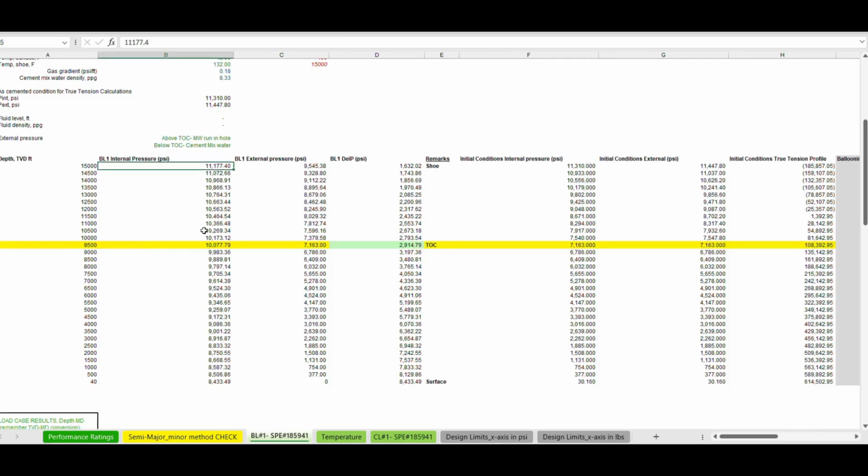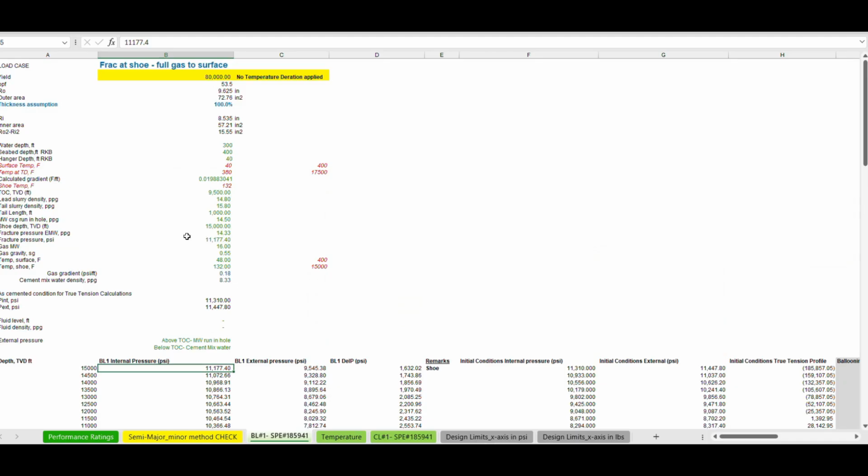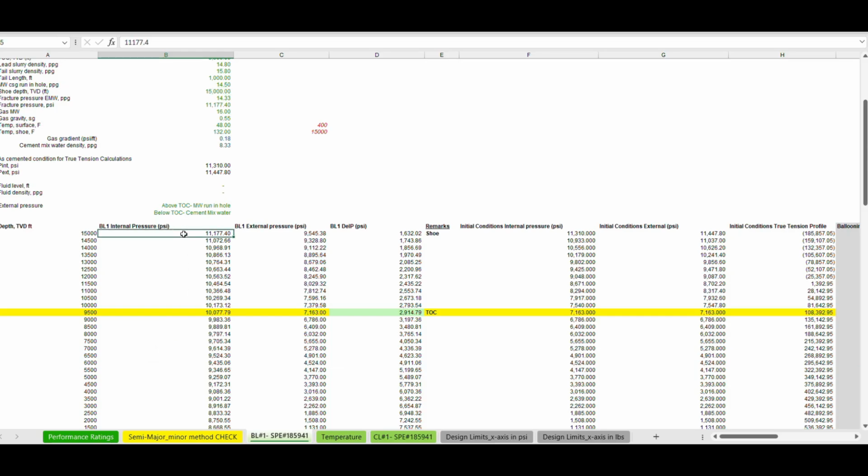So we know that there's frac at the shoe, so the shoe is at 15,000 feet, and then we know the frac pressure at that shoe, that's your original pressure, and then from that point onwards, because gas is compressible, your temperature and the pressure are going to affect how it behaves.